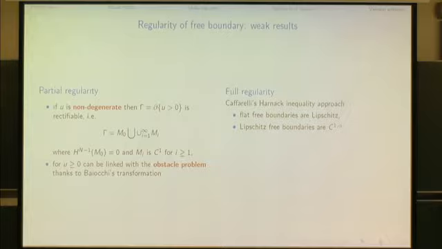In other words, you have part of your free boundary where it's smooth, and the complement is small, and by smooth I mean that each of these pieces is C1. So this is the rectifiability kind of property of the free boundary.